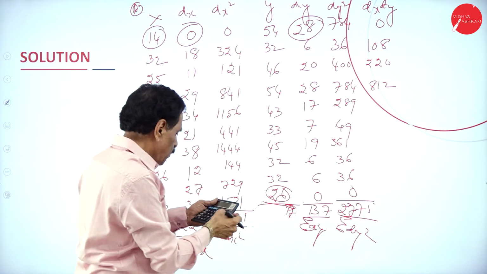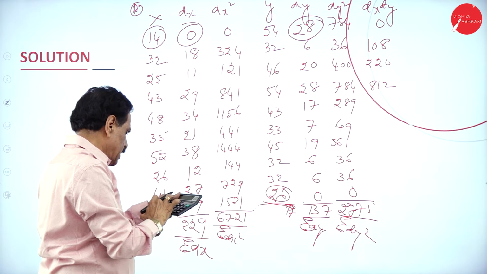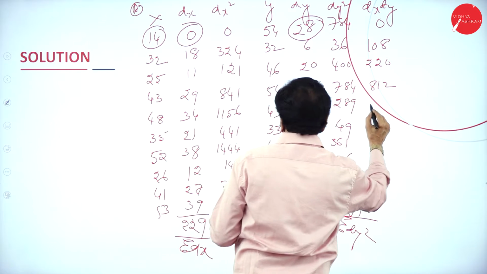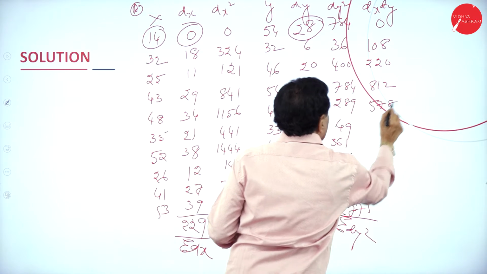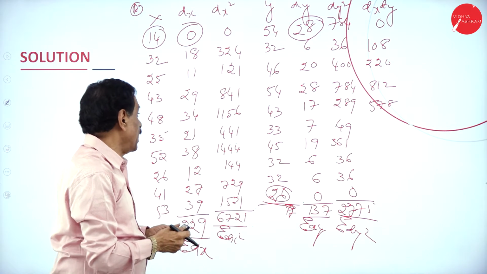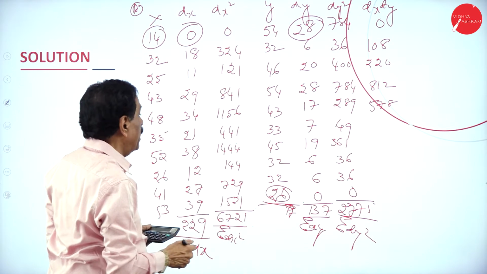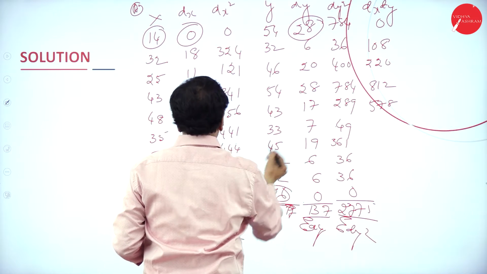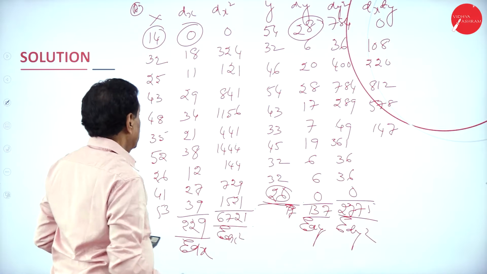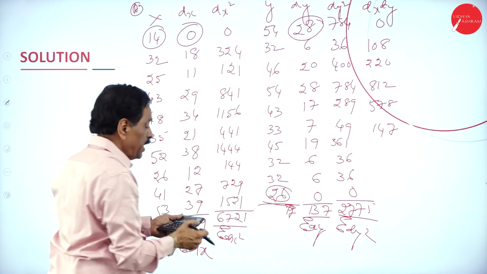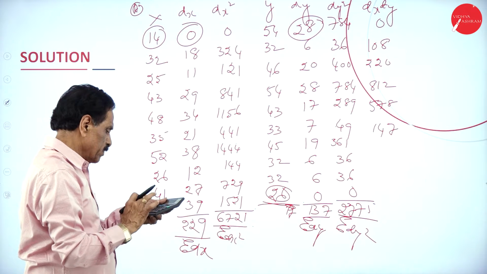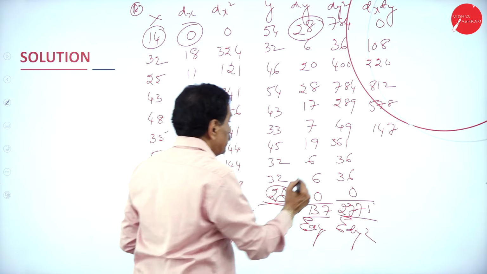Then 34 into 17, 578. See that? I am multiplying dx into dy. Then 21 into 7, 147. Then 38 into 19, 722.